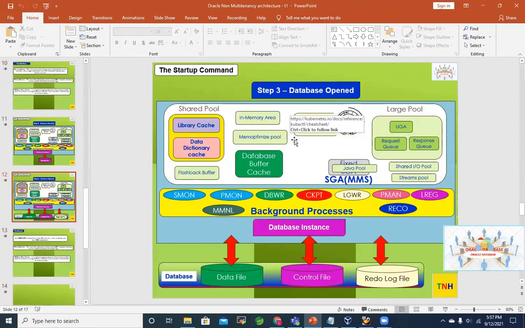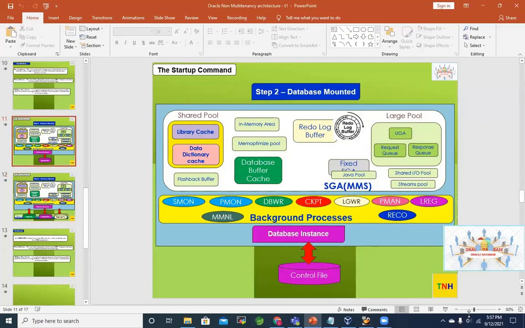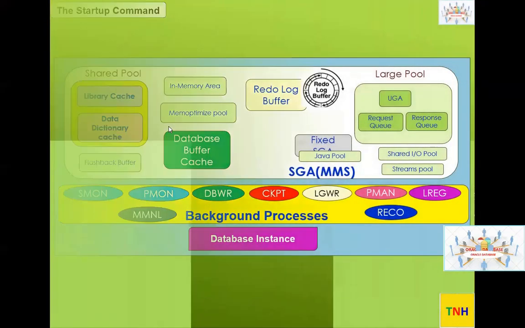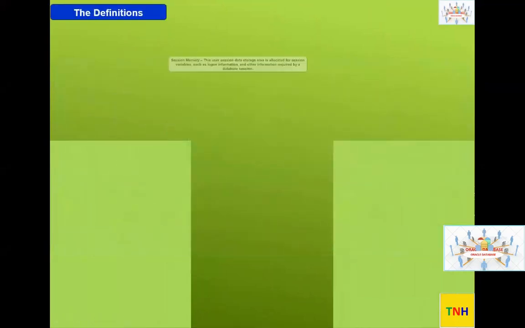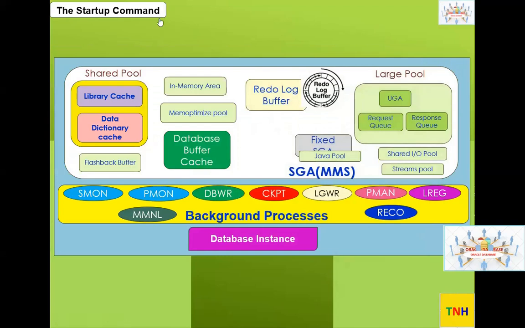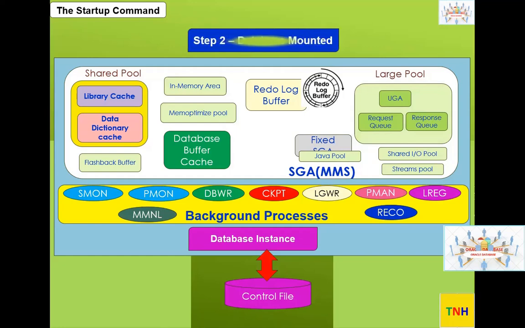Step 2 is going to be in our explanation. We have the startup command, and we know this component now. We know the instance. The control file will be opened, and that is what we mean by mounted. Step 2, database mounted.